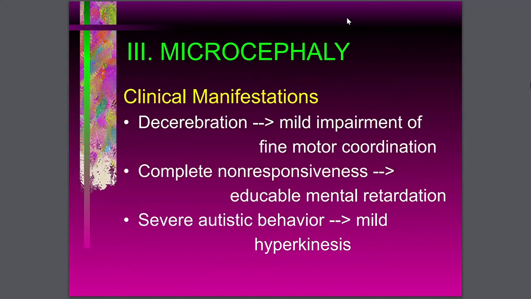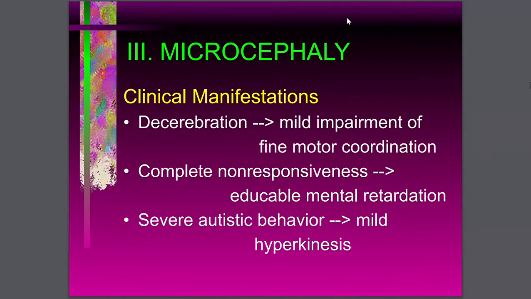So the clinical manifestations are very variable. It may range from a very mild impairment of fine motor coordination, where the patient is just a bit clumsy, or they may have a very severe motor deficit, very spastic, or they are in the decerebrate posture, with all extremities extended and spastic.